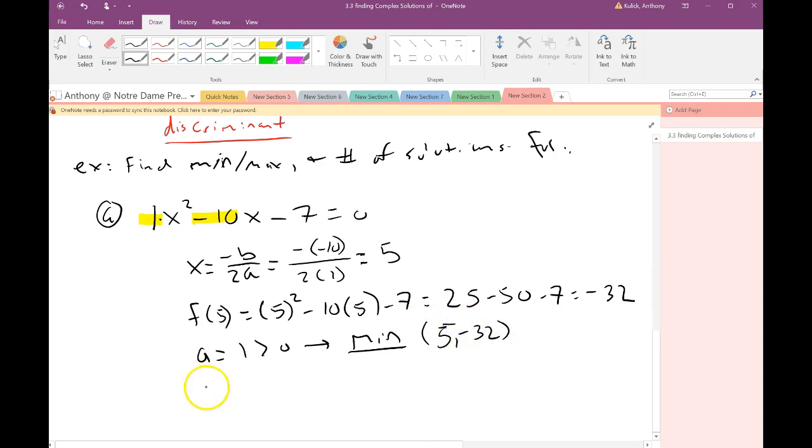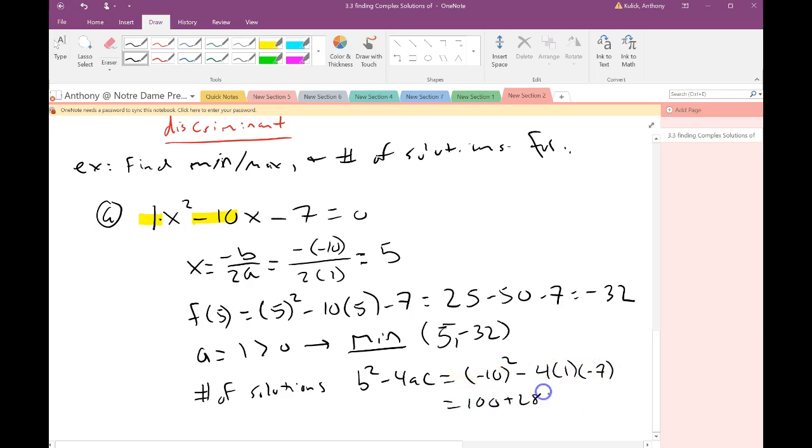And then the number of solutions I can find by doing b squared minus 4ac. So that's negative 10 squared minus 4 times 1 times negative 7, or 100 plus 28.